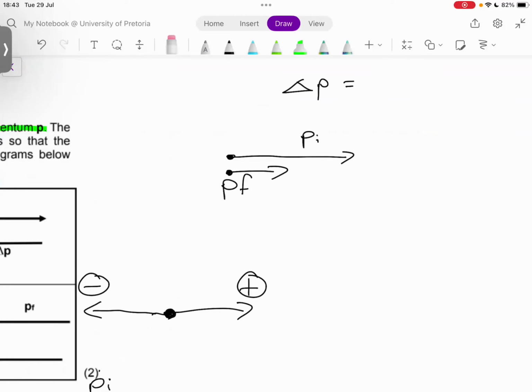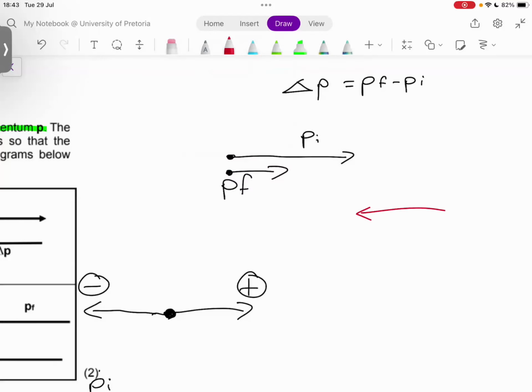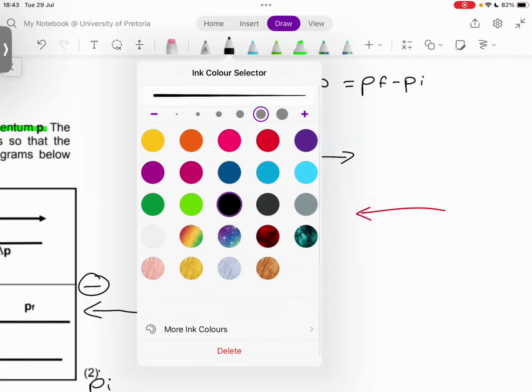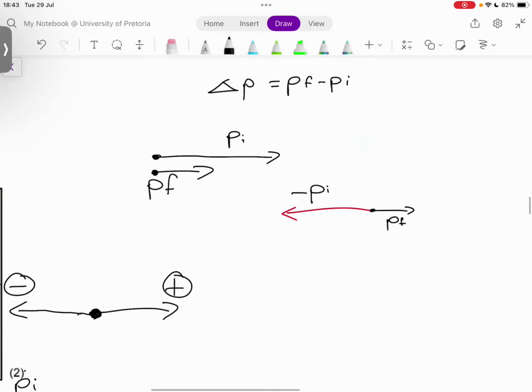The change in momentum is the final momentum minus the initial momentum. So we're going to switch the direction of the initial momentum. That will then give us, I'm going to change the color, this right here, where the black one is our final momentum and the red one is our subtracted initial momentum, right?